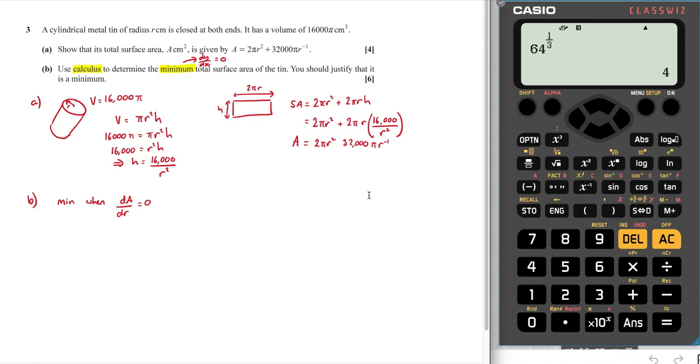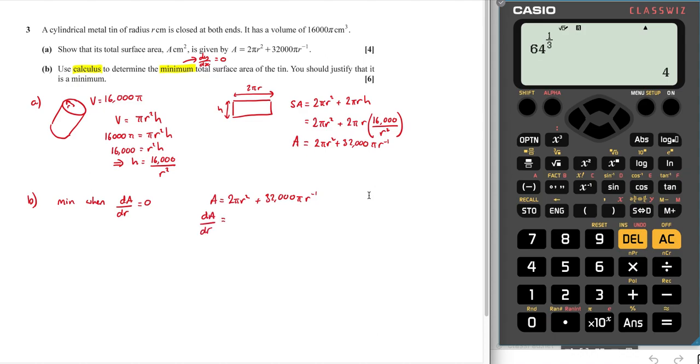So if A is 2 pi r squared plus 32,000 pi r to the minus 1. Looks pretty awkward, but if I'm differentiating that, it's just some really basic differentiation rules.